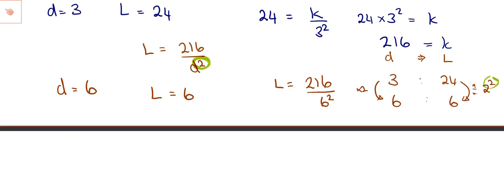So, for instance, if I go from 6 to 3, so if it's 6 and 3 and 24, I do it the other way. So if I divide by 2 on this side, it's times by 2 squared, which is what happens, yeah?